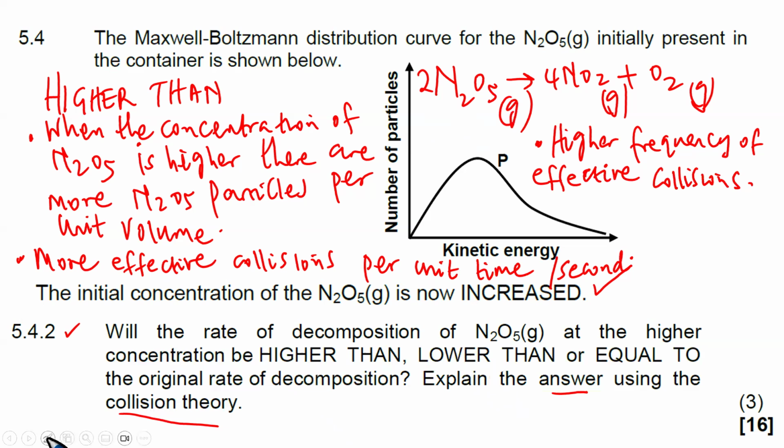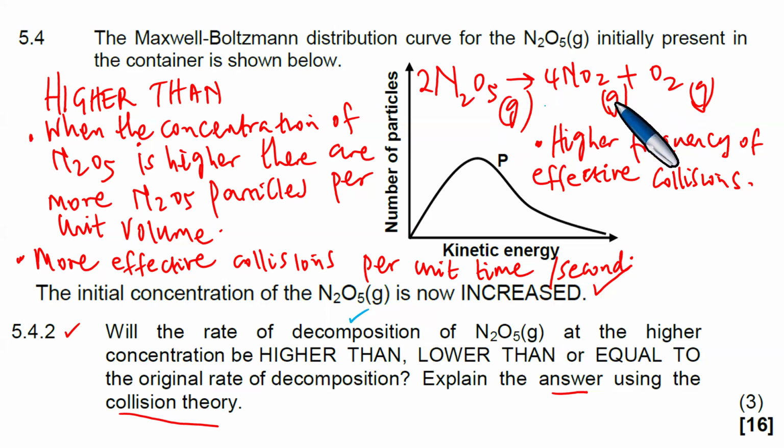The examiner is using the word decomposition because in terms of choice of words, it sounds more appropriate, since the N2O5 breaks down into 2 different chemical substances, which are both gases.